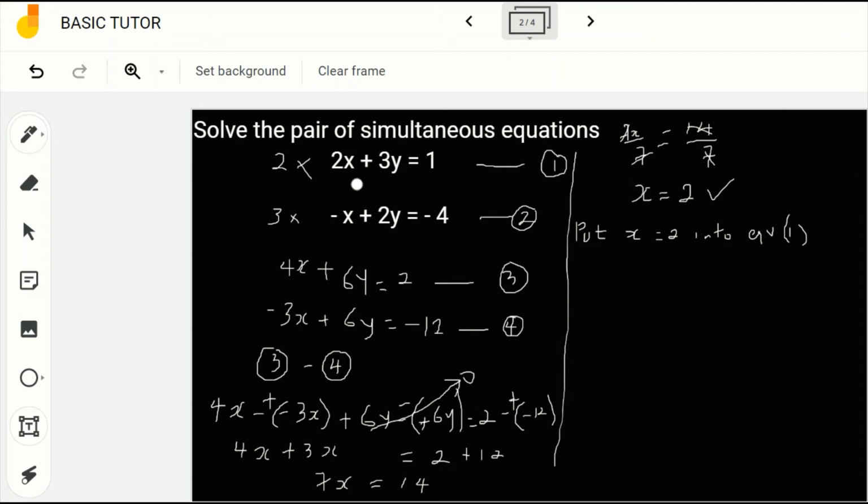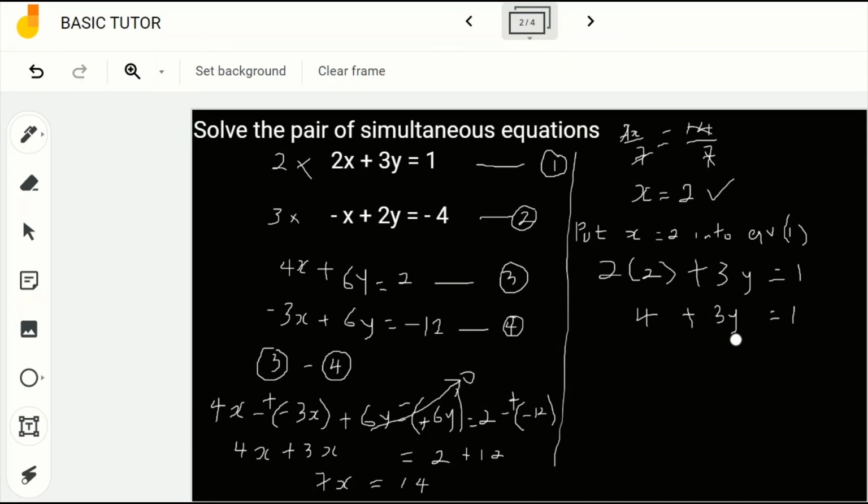So we have 2x; my x now is 2, so 2 times 2, plus 3y, equal to 1. 2 times 2 is 4, plus 3y equal to 1. What next?